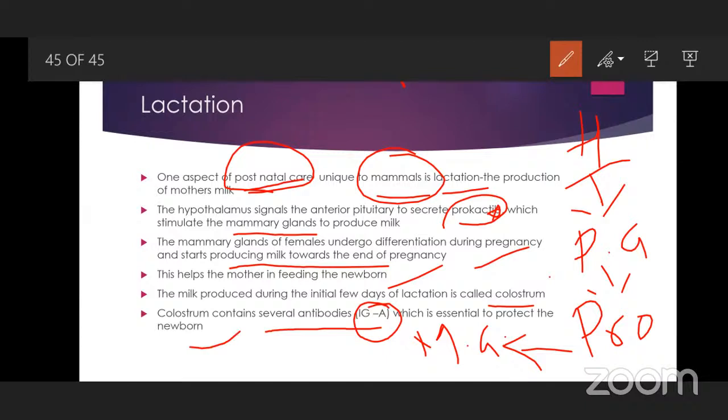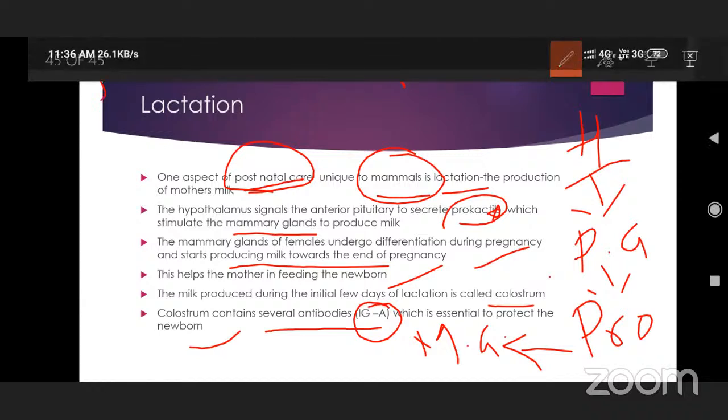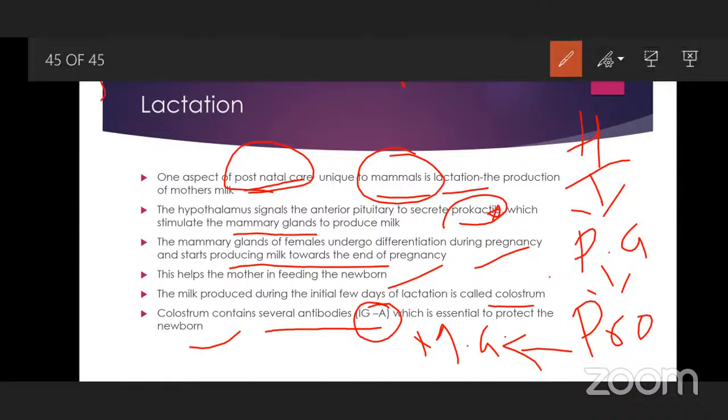So these IgA type of antibodies are the ones which are helping the embryo to protect it from infections, and are very much essential for the embryo. So that is about the lactation, and with this we have finished the human reproduction chapter.